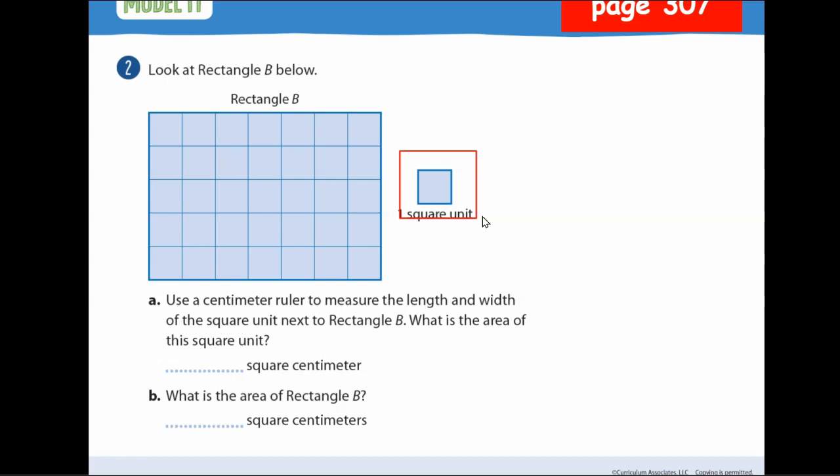Isn't it about 1 centimeter by 1 centimeter, roughly? So if this is 1, then don't I just have to count all of these, right?